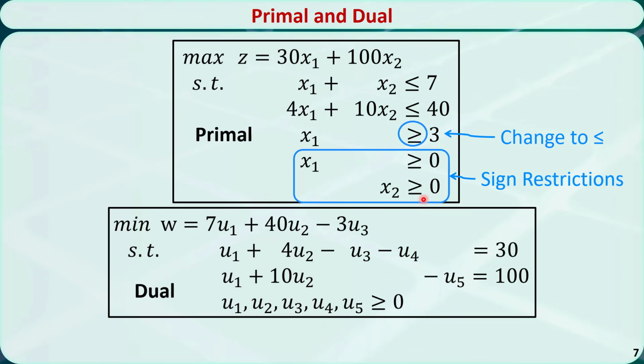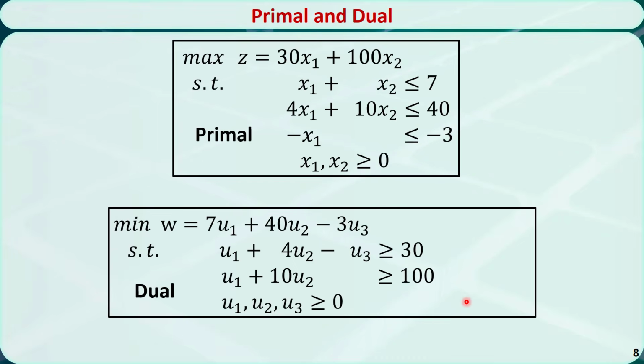For the dual, u4 can be considered as an excess variable because it has a coefficient 1 and it appears only in this row and not other rows. So we can remove this excess variable and change this equal sign to a greater than or equal to sign. We can do the same for u5. After we have made such changes, this is the updated primal and dual in the standard form.